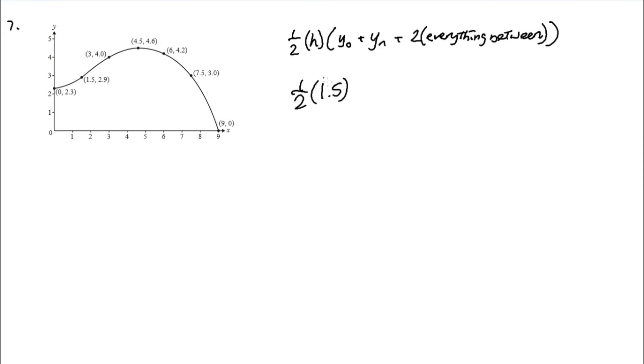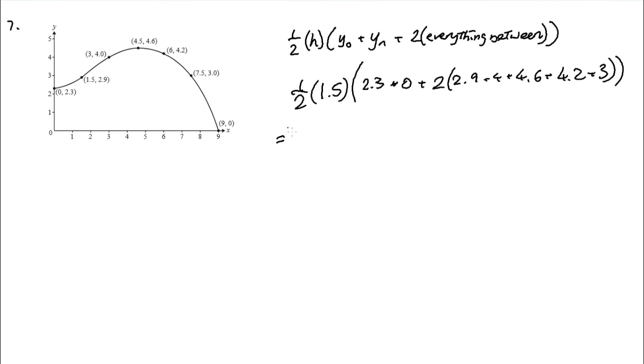So half of 1.5 times y0 is 2.3, then yn is 0, plus 2 lots of everything between. So that is 2.9 plus 4 plus 4.6 plus 4.2 plus 3.